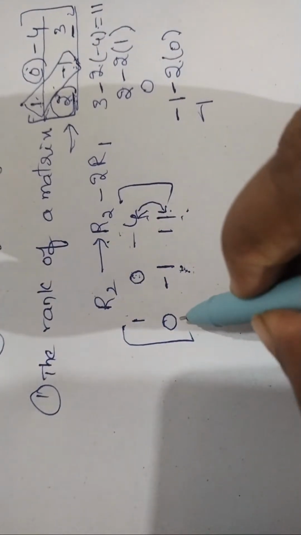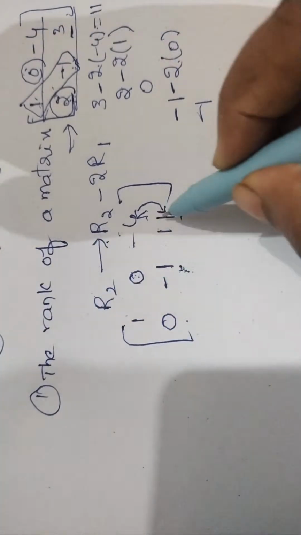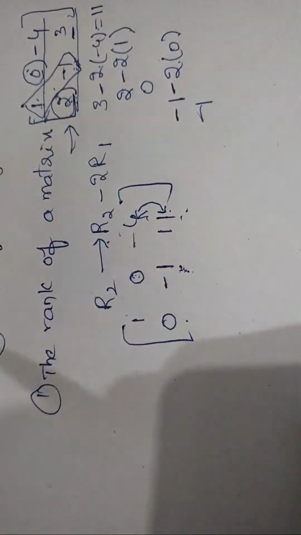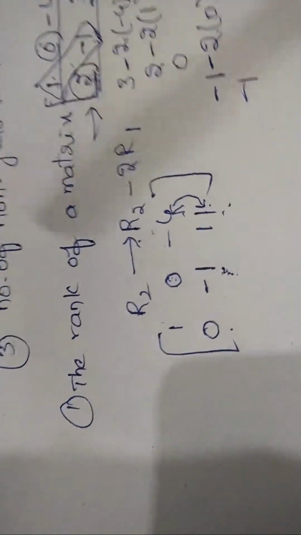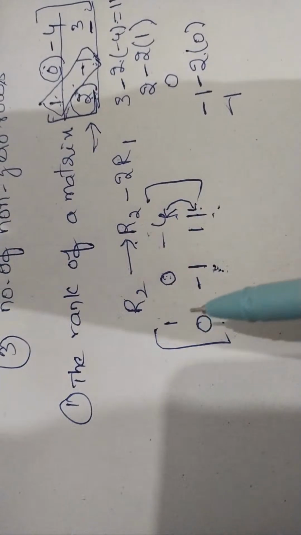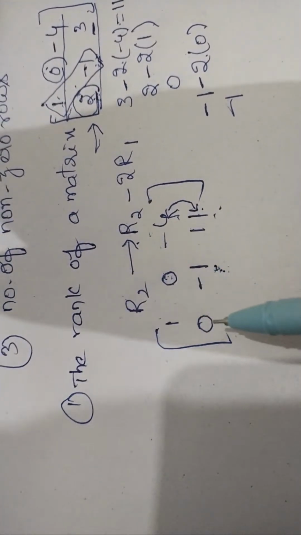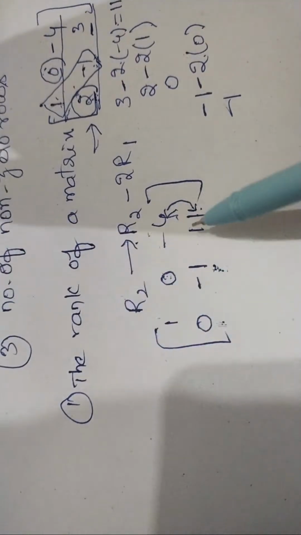So I can only get the first element as 0; the remaining two elements are not zeros. The first rule is to perform row operations, and I want to make the elements 0. Here only one element becomes 0, the remaining are not 0.